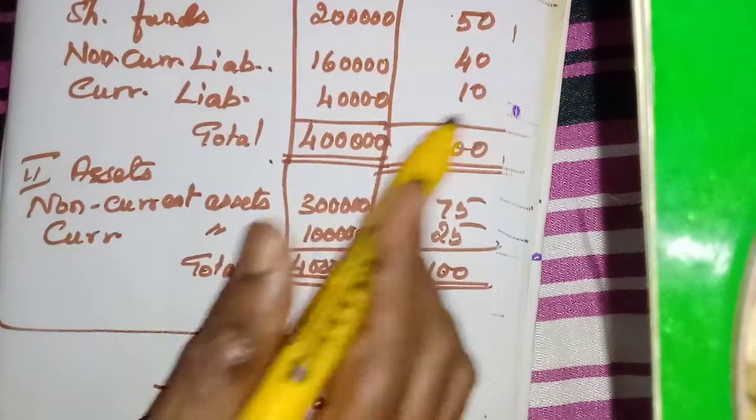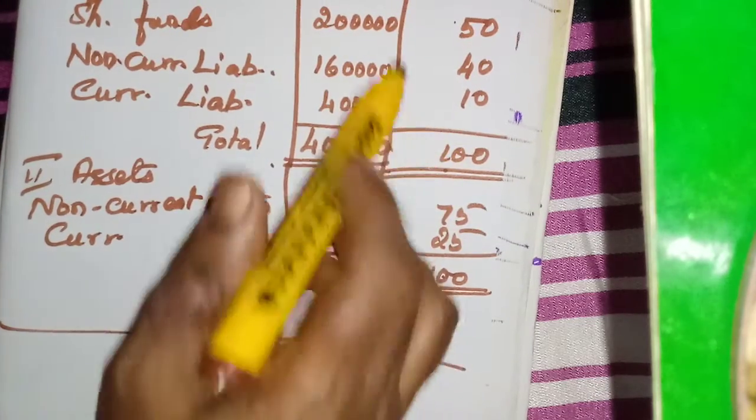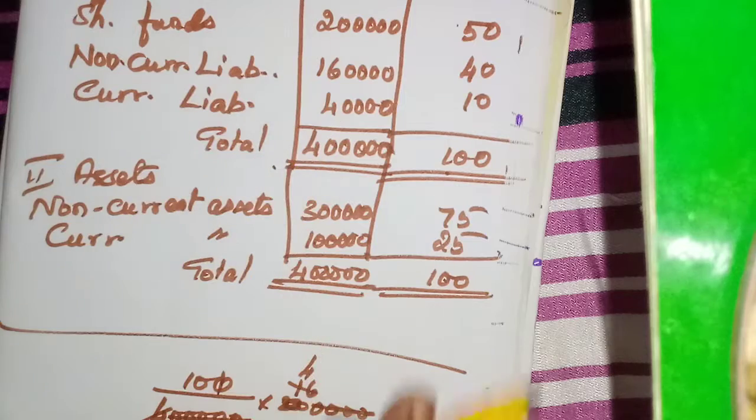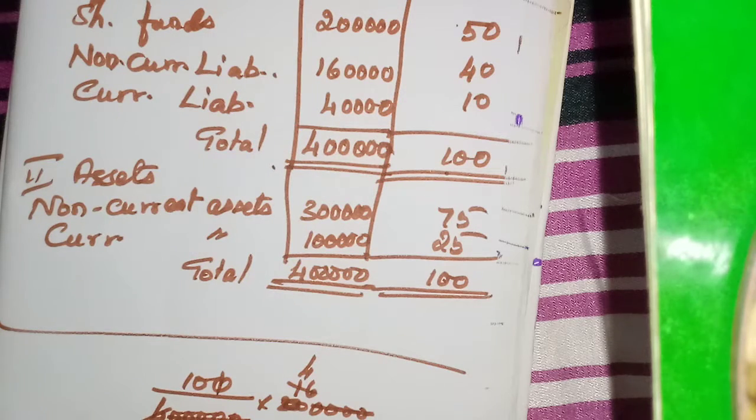So again two more columns we have to draw, one for one year and the other for the other year. So that one also you can do.